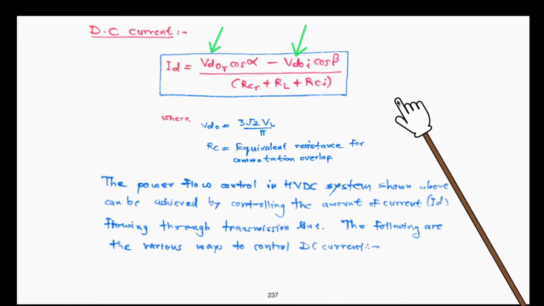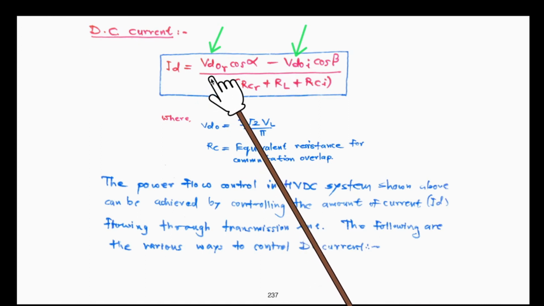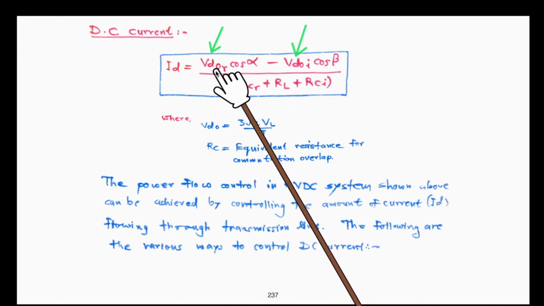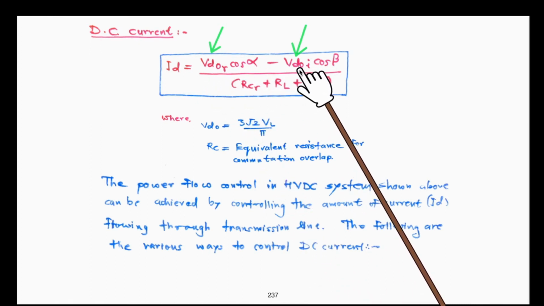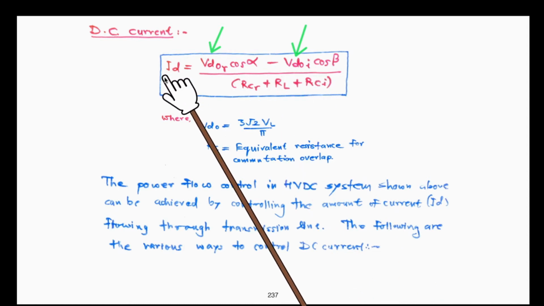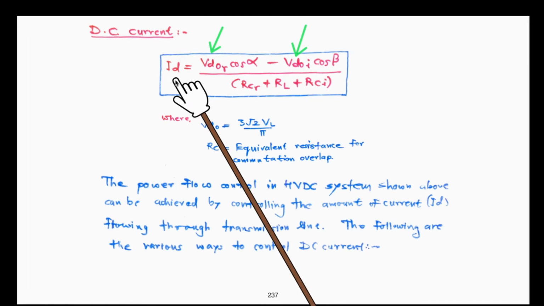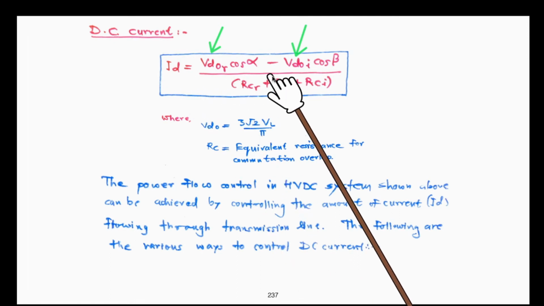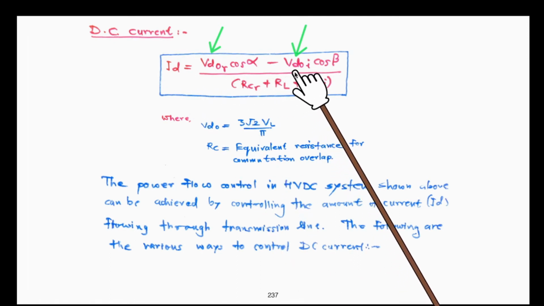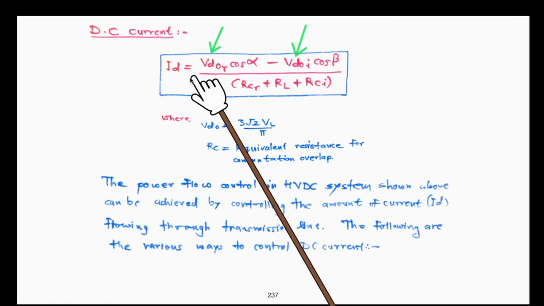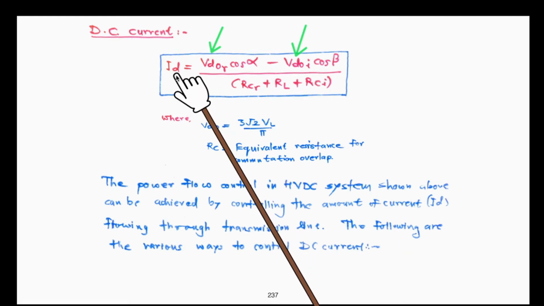So we can control the DC current by controlling the tap changer. Of course, this has to be done in an automated manner by tracking the value of DC current in real time and then adjusting the tap ratio of converter transformers in order to adjust the DC current to a desired level.